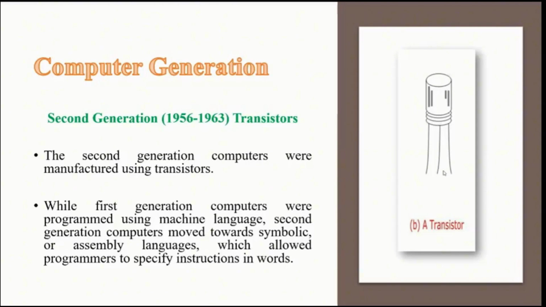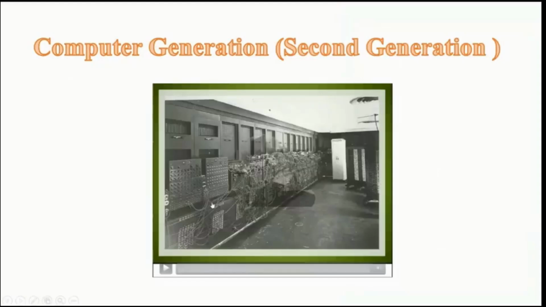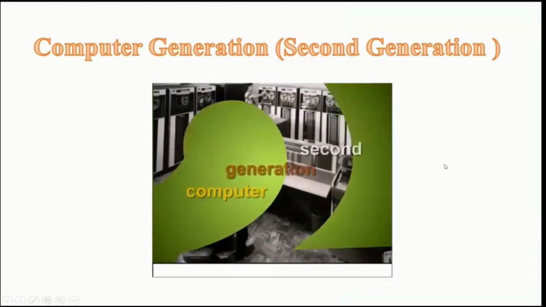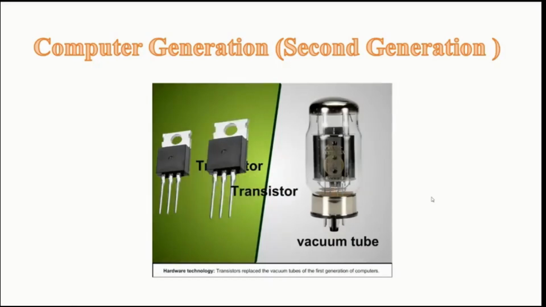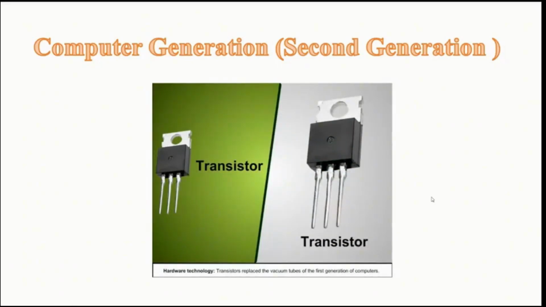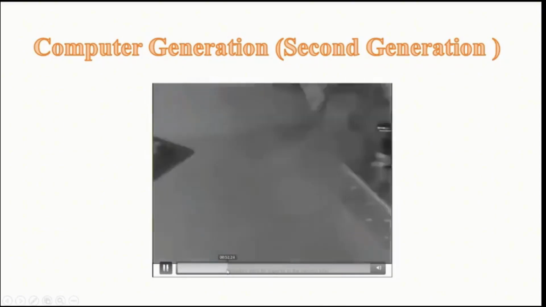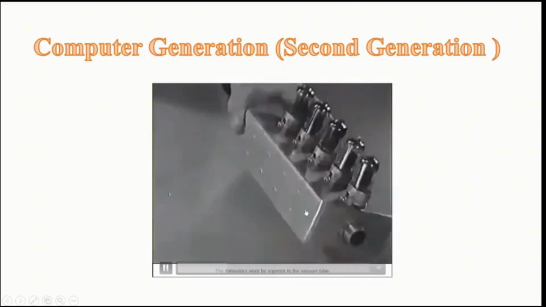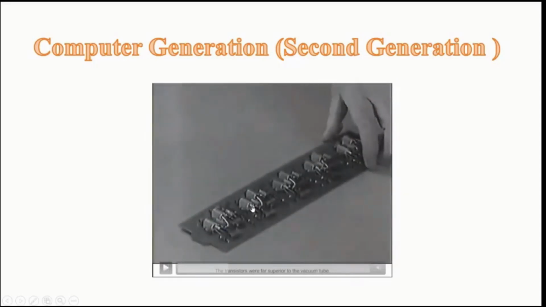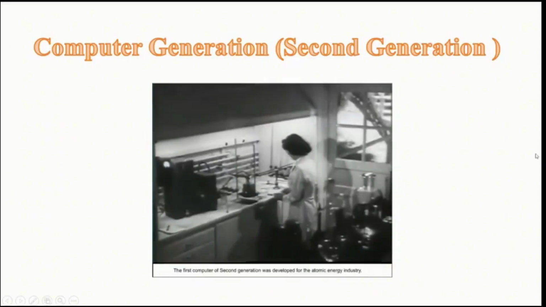So the second generation started to use transistors instead of vacuum tubes, and the second generation occurred. Using transistors, the computers got smaller. As you see here, this is a circuit using vacuum tubes. These are the vacuum tubes, and this is the dimension of the transistor. Okay, that was the second generation.